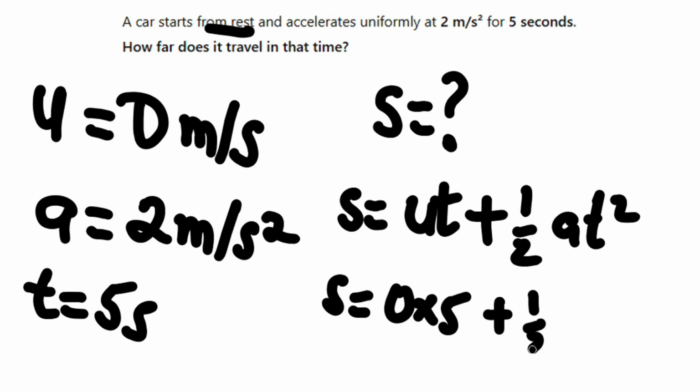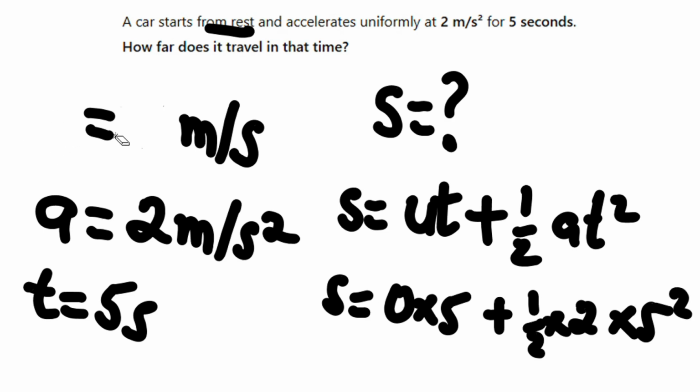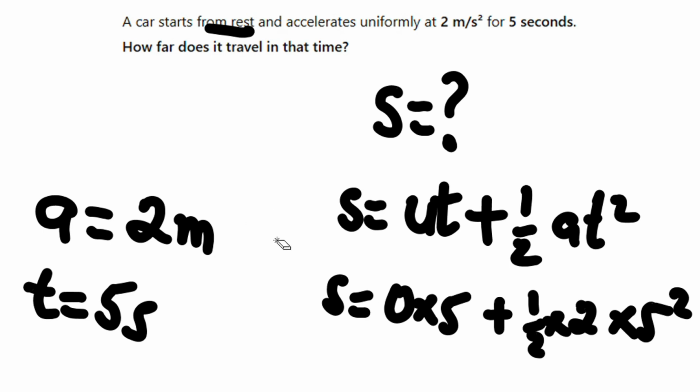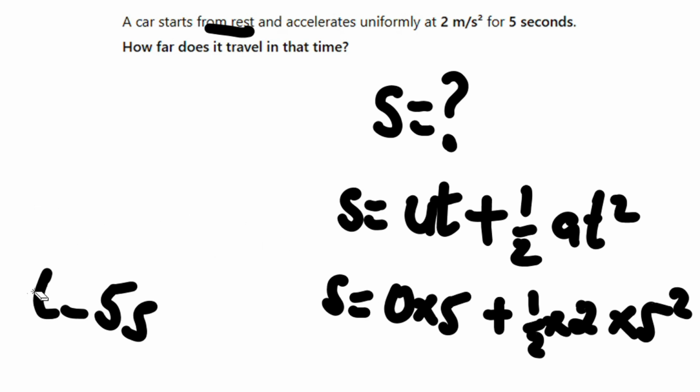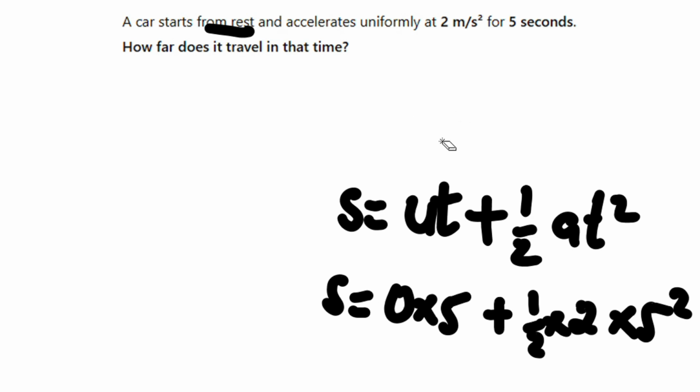Plus half times a, which is 2, times t, which is 5 squared. So 5 squared like that. Let me clean this side so that we can have this written here. Okay, let me clean this too.